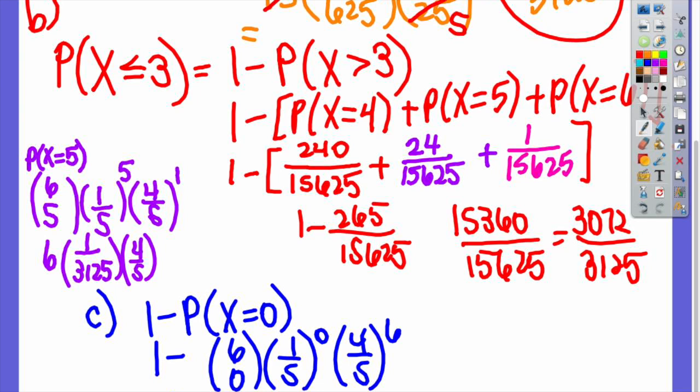4, 16, 64, 256, 1024. Just write it down on the board, okay? 4,096.